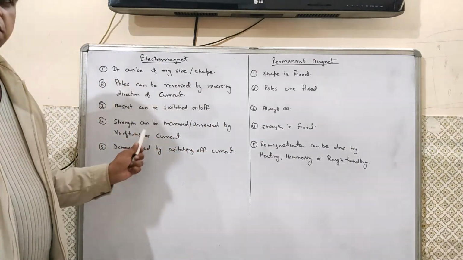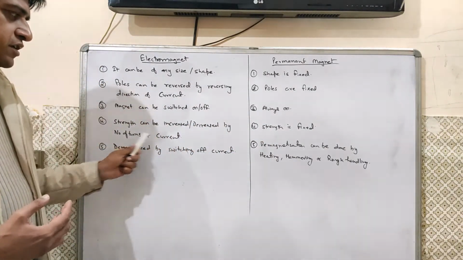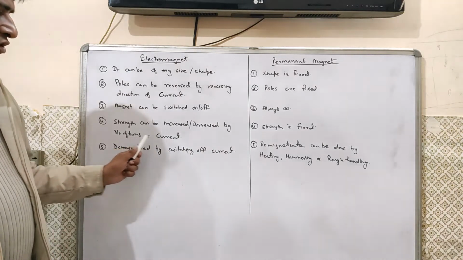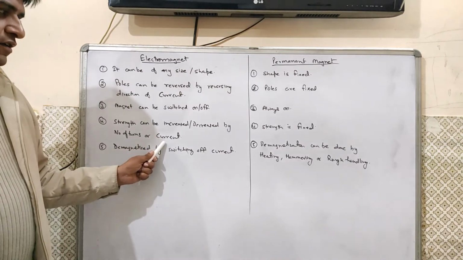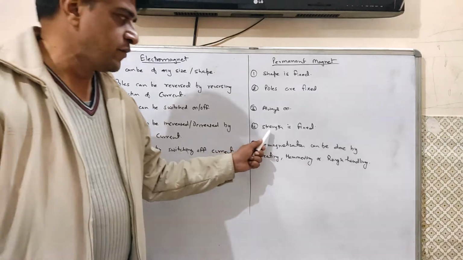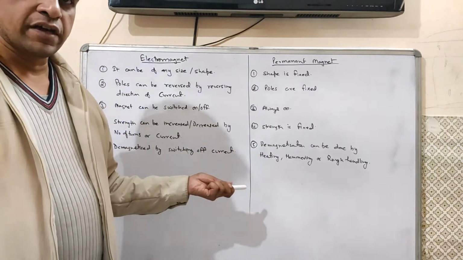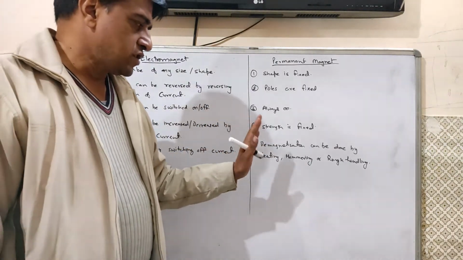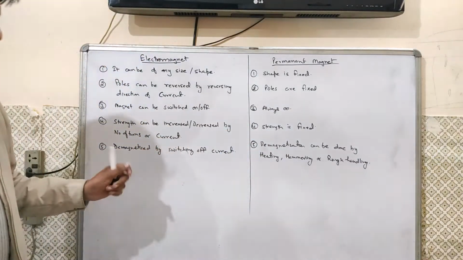Fourth point, the strength of an electromagnet can be increased or decreased by changing the number of turns or the current. But in a permanent magnet, the strength is always fixed. It cannot be decreased or increased.